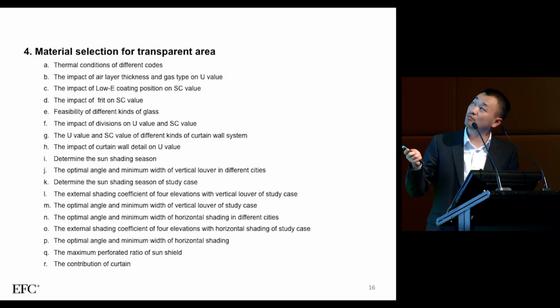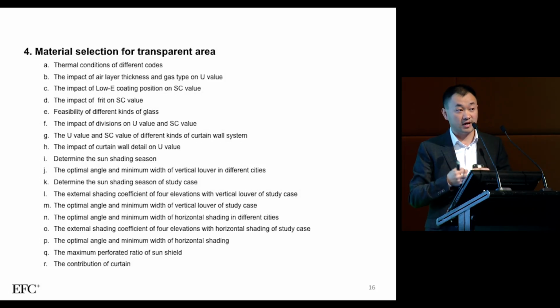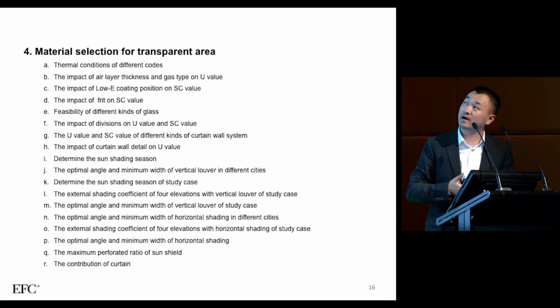And also, when we select the glass, we have to use the different specs of the glass, like U value, SC, and the thickness of the air layer, and many different aspects. And for the other things, we need to take the sound shading into consideration. That from I to Q is almost about sound shading. The final one is the contribution of curtain.